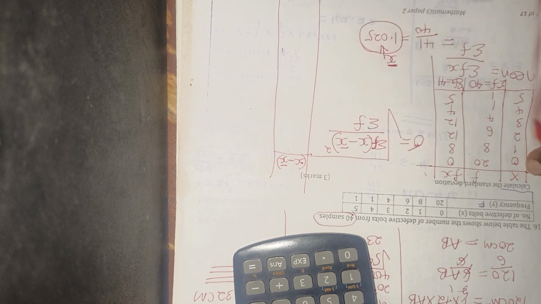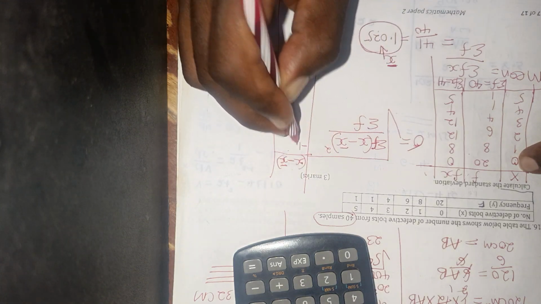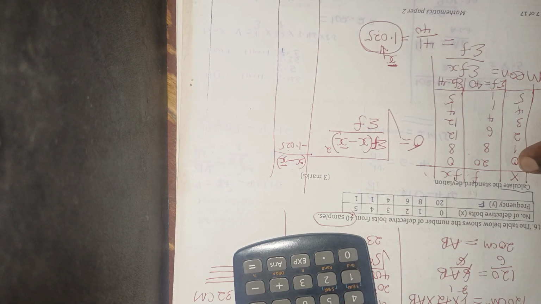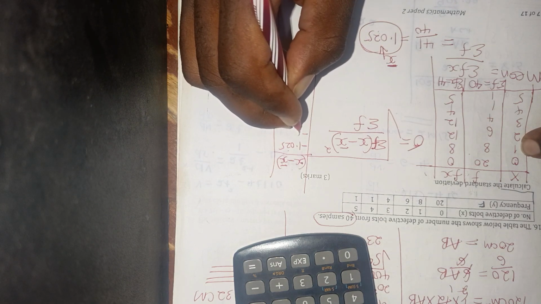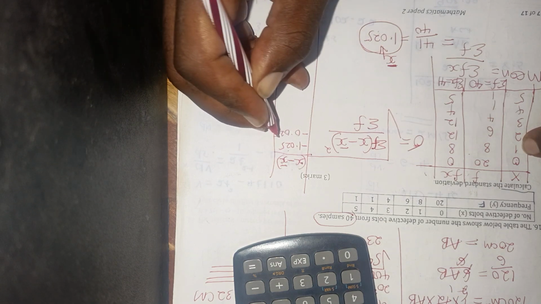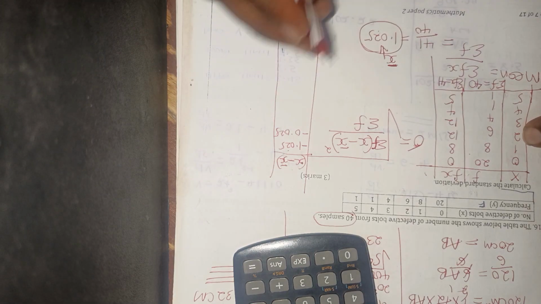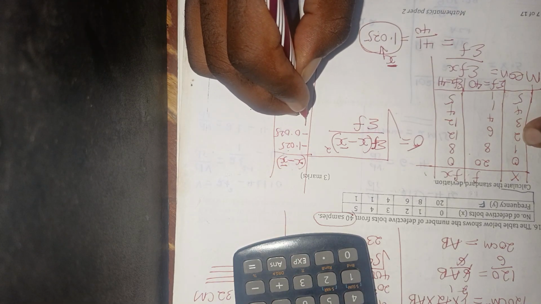So 0 minus 1.025 gives you negative 1.025. Then 1 minus 1.025, you'll get negative 0.025.